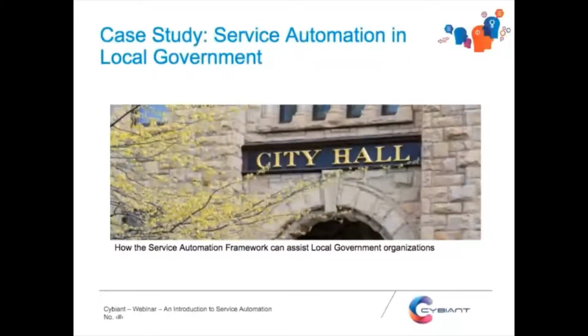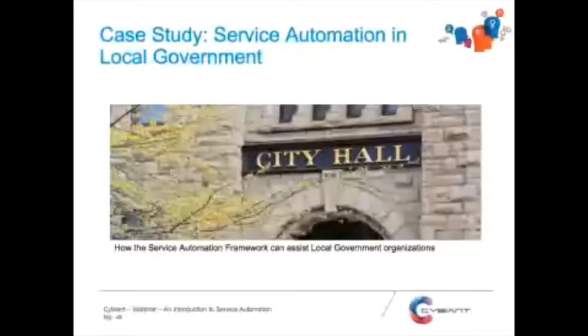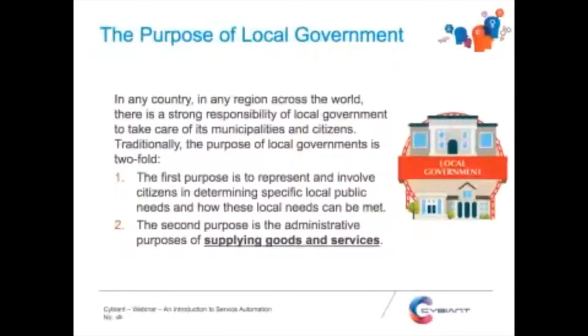The case study that I'm presenting today is how local government organizations can use service automation in order to deliver the services that they provide to their citizens in an automated fashion. Before we dive into that, let's review the role of a local government. Local governments in almost any country have a very similar purpose.